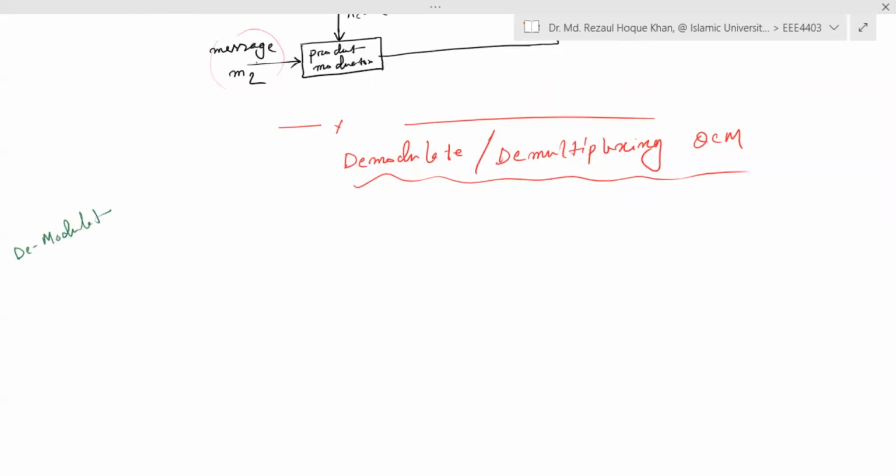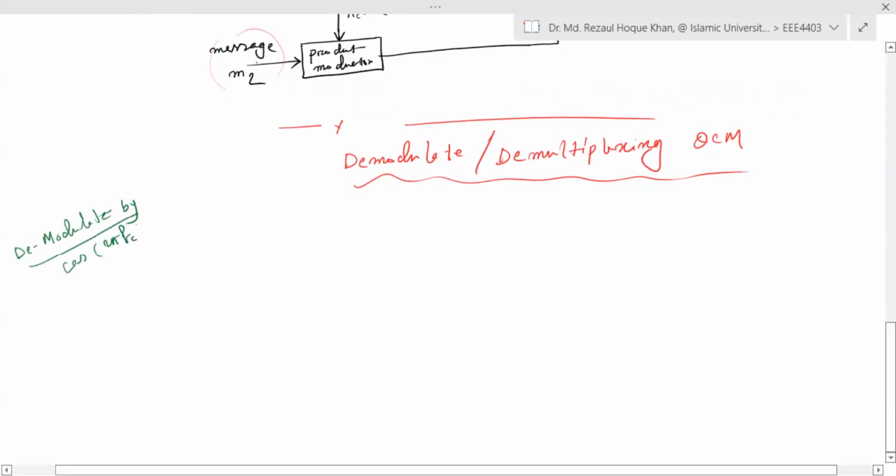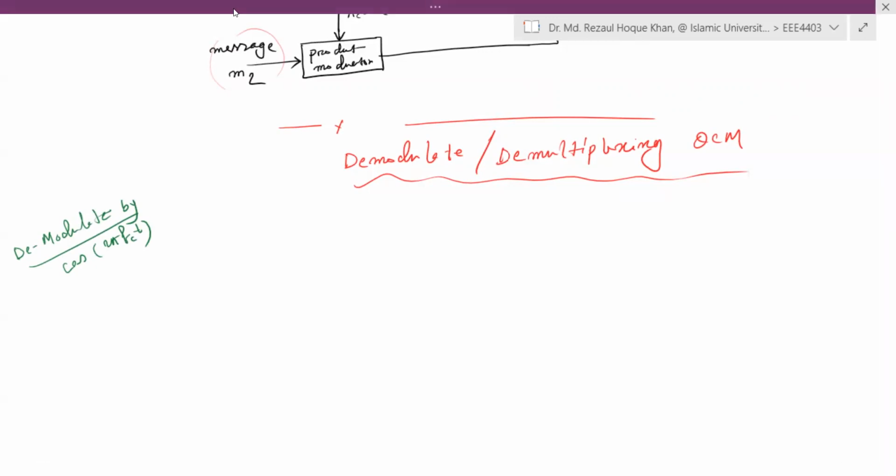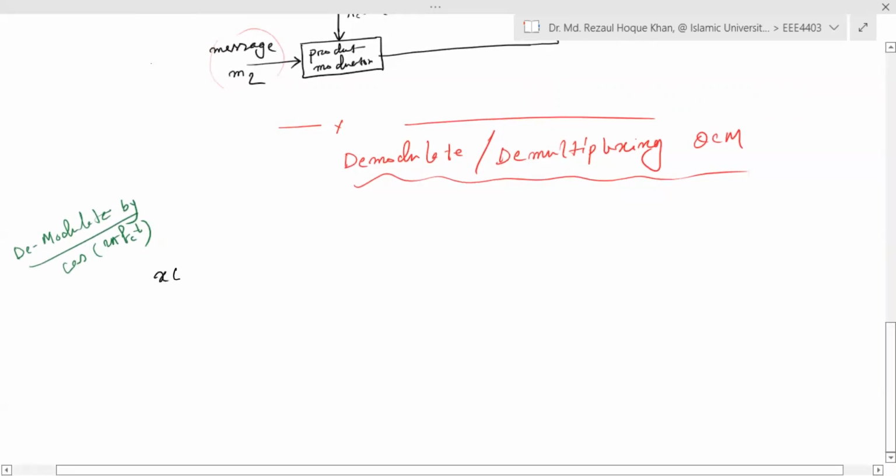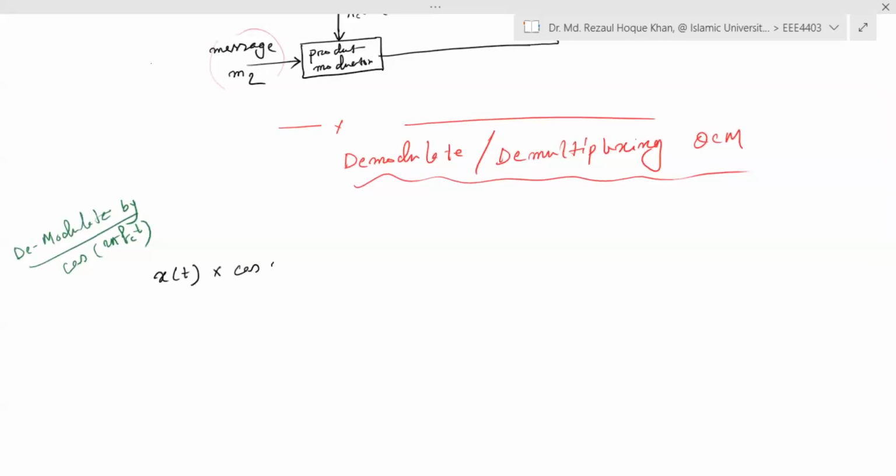Right? So the first carrier is cos 2 pi fc t. We will demodulate it by this one. So the x(t) signal will be demodulated by cos 2 pi fc t, one of the carriers.